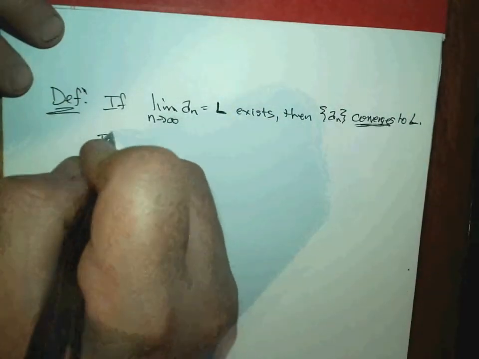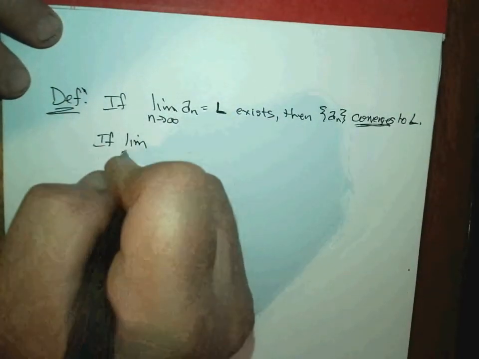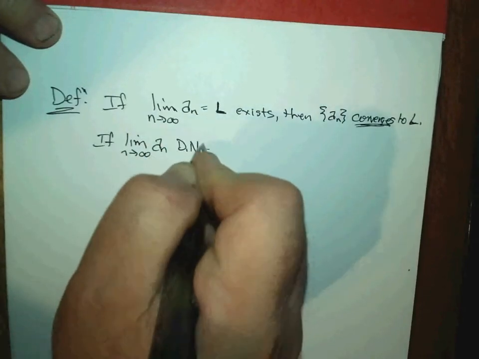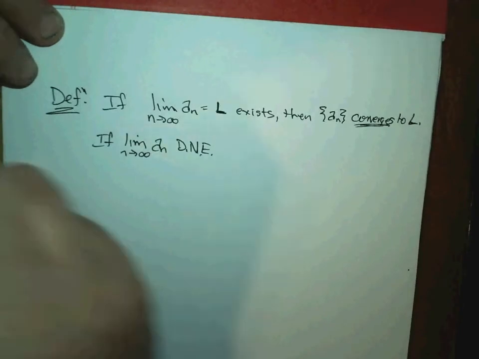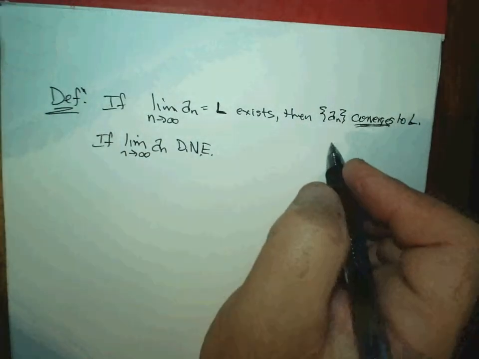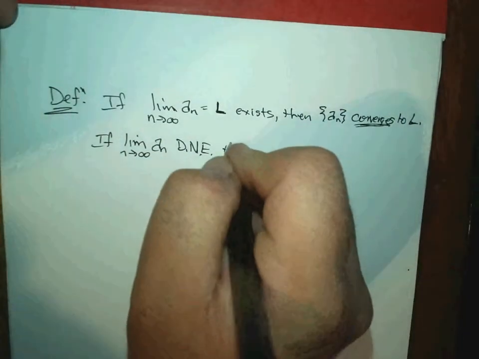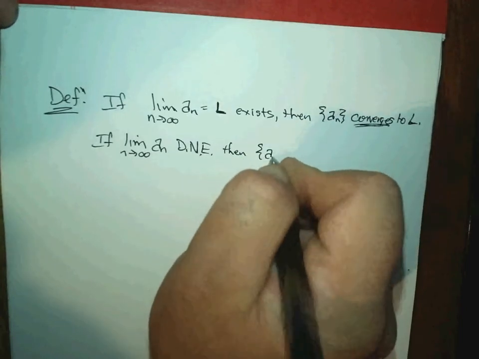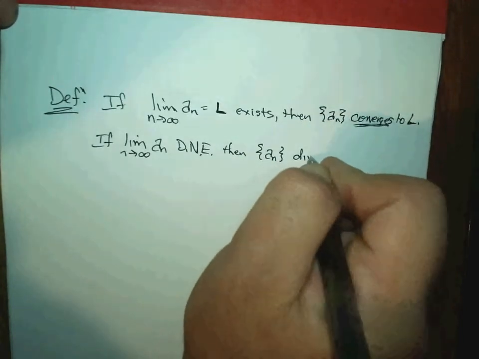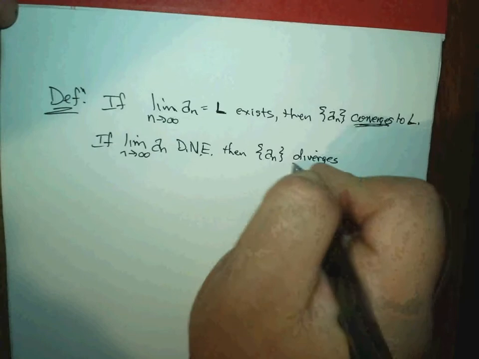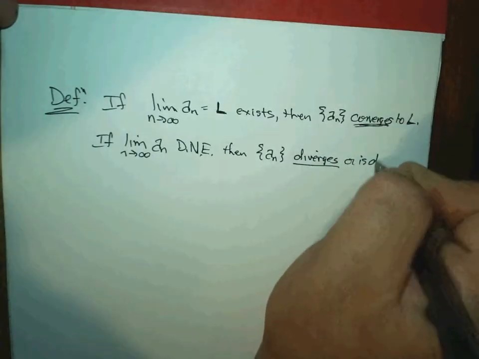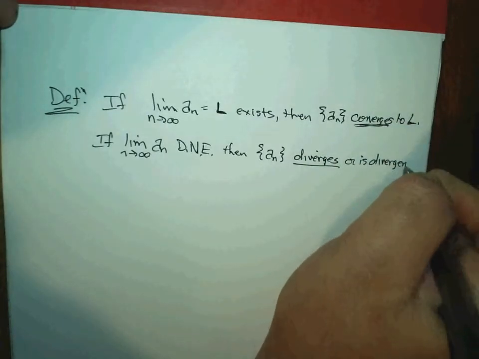Okay, if this limit does not exist, then we say that the sequence diverges or is divergent.